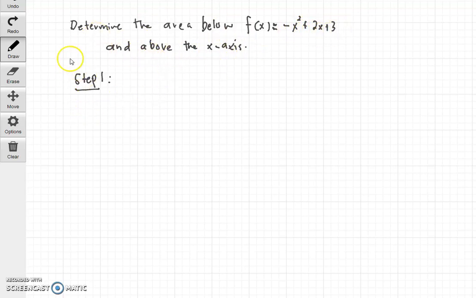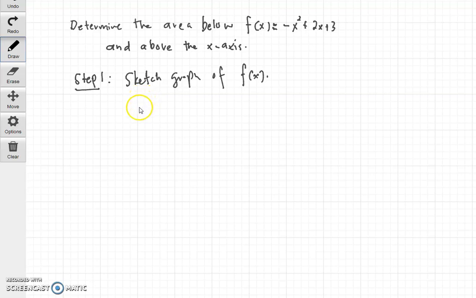So in order for you to solve this kind of question, the first step that you need to do here, you need to sketch the graph of f(x). This is the most important thing because we need to determine which one will be your f(x) and what will become the value at the bottom.